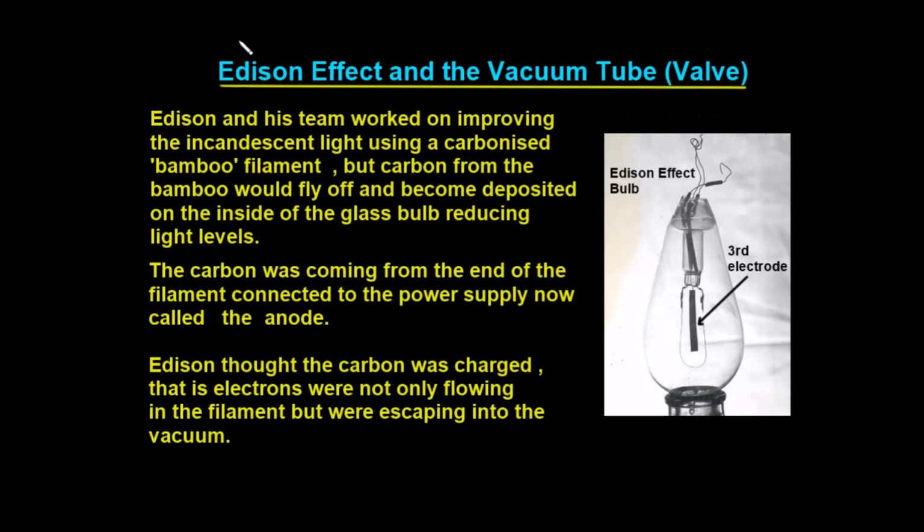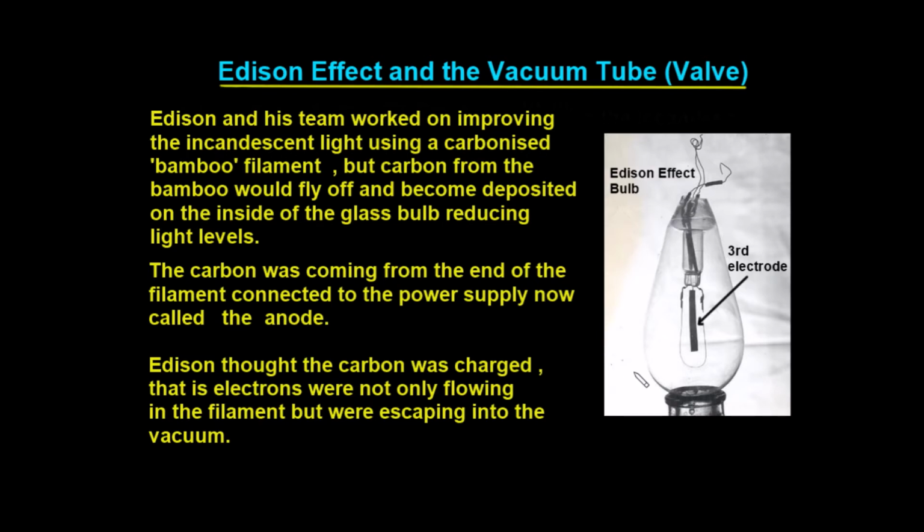Edison and his team worked on improving the incandescent light using carbonized bamboo filament. But there was a problem, that carbon from the bamboo would fly off and become deposited on the inside of the glass bulb. The carbon was coming from the end of the filament connected to the power supply, which we now call the anode.